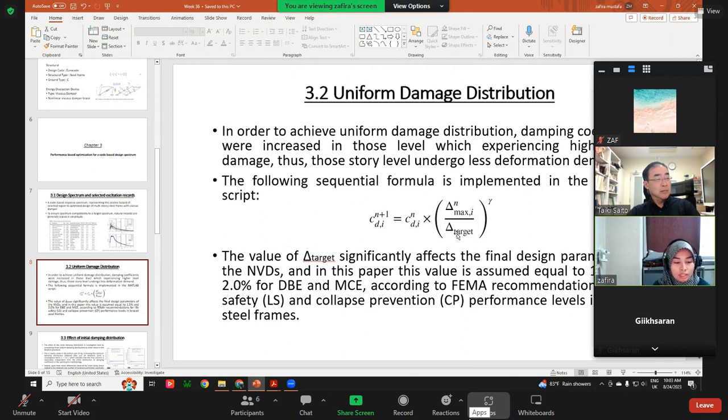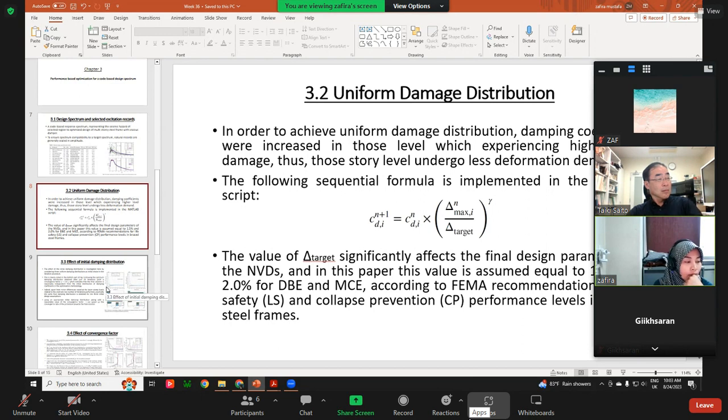For example, in our building, the target story drift is 1.28 centimeter. So if you want to get the new damping coefficient, we can use this formula.